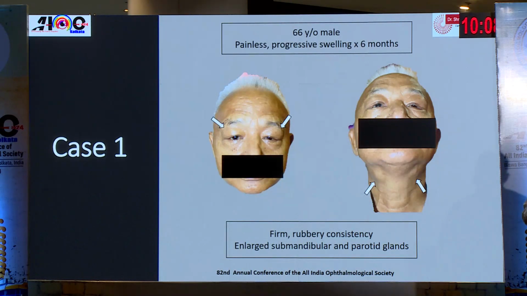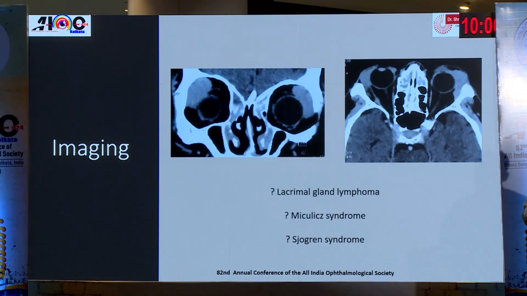So we advised imaging to this patient, and the patient returned with a CT scan of the orbits. On the CT scan, you can see there are homogeneous hypodense lesions in both the orbits in the lacrimal gland region supratemporally. If we look at the axial scan, you'll see there's a spillover of these lesions into the eyelids.